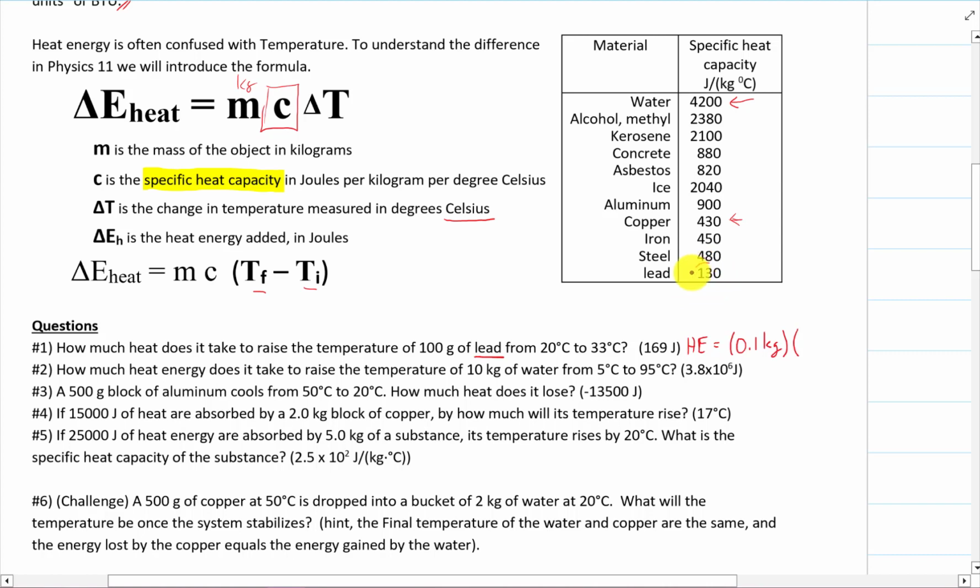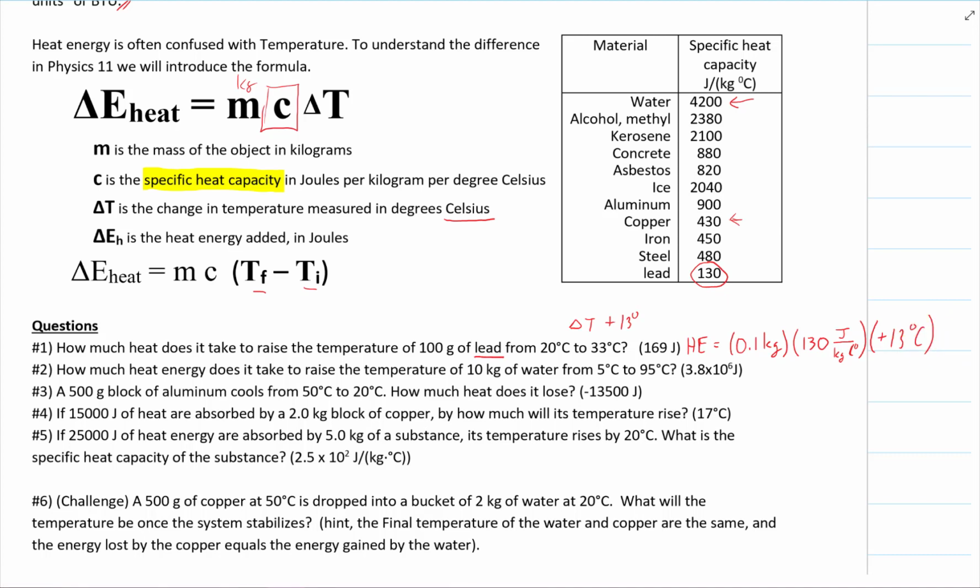So we look at lead and see that it's 130. The units of it will be joules per kilogram per degree Celsius. I'll just put it in this time, but I probably won't often. And the temperature change here, we want the change in temperature, and that's going to be a positive 13 degrees Celsius.